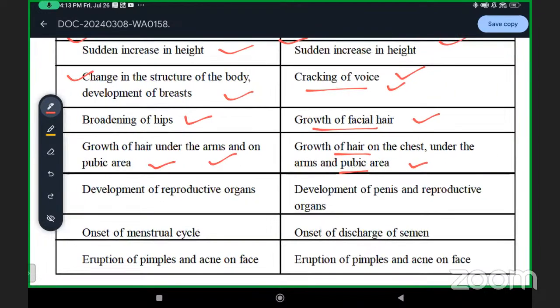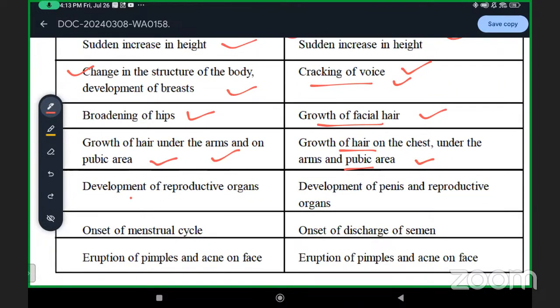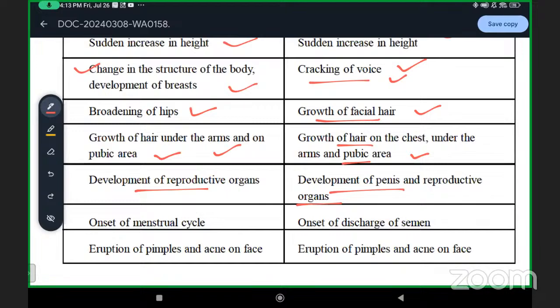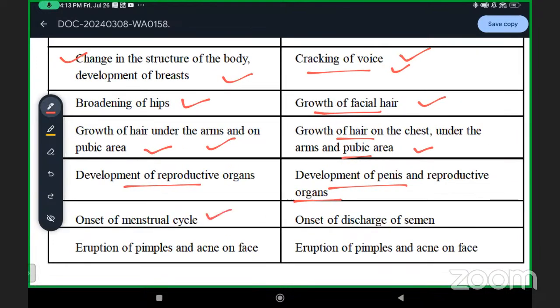Then development of reproductive organs in females and in males, which happens in both. Then in girls, the menstrual cycle begins, and in boys, onset of discharge of semen. This is also a prominent change.